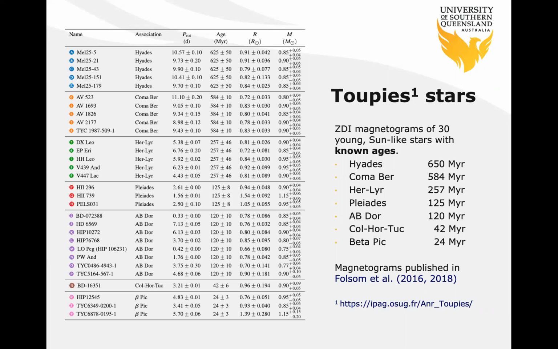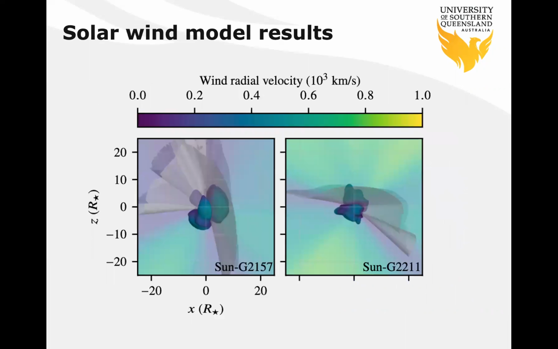In this project, we are able to produce 2 solar wind model results. This knobby surface here is the Alfvén surface. That's kind of where the angular momentum loss happens, where the wind is no longer in contact with the star. So the size and the shape of the Alfvén surface impacts the wind angular momentum loss.